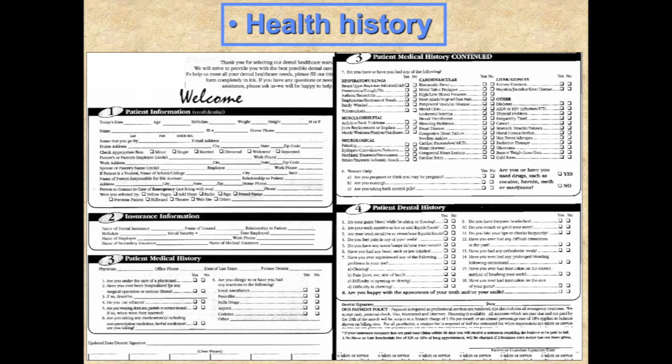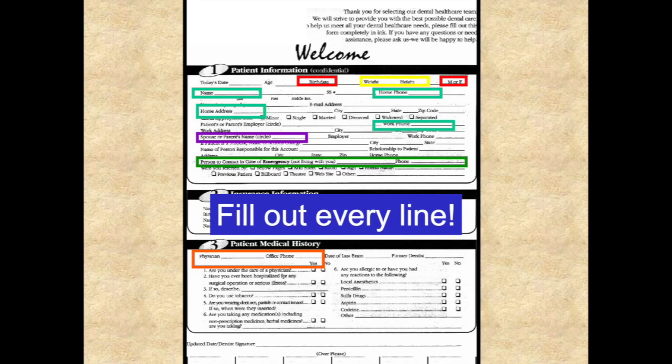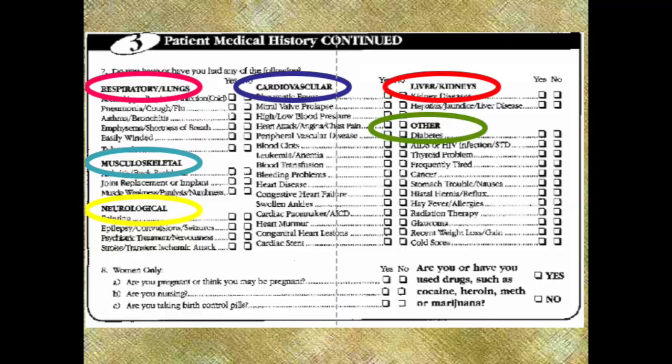So with a health history, we've got to make sure that they fill in every blank and every line, and they check every box. Notice that this is broken down into the different systems of the body: the respiratory, lungs, musculoskeletal, neurological, cardiovascular, liver, kidneys, and then others that don't fall into one of the other categories.